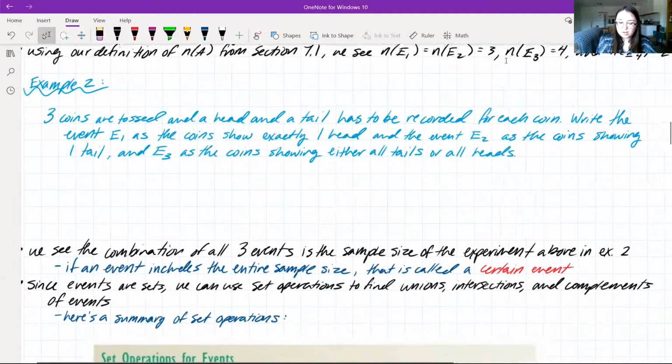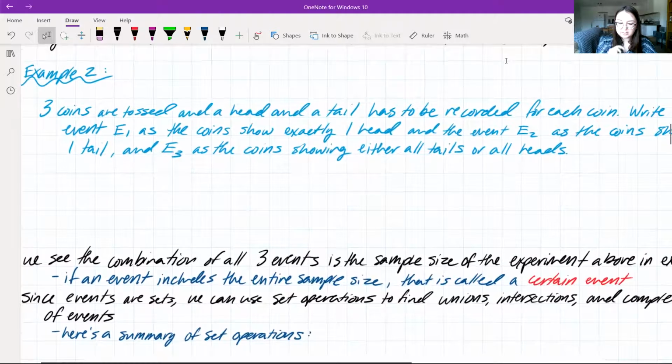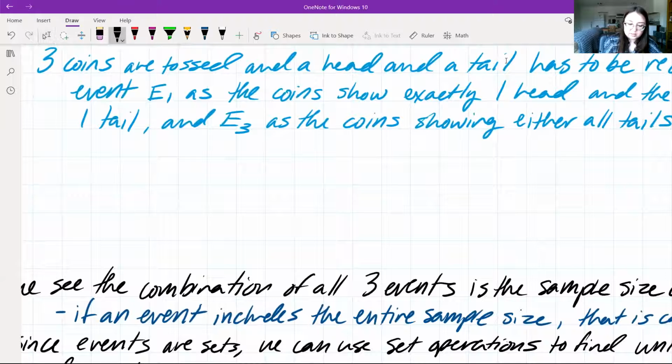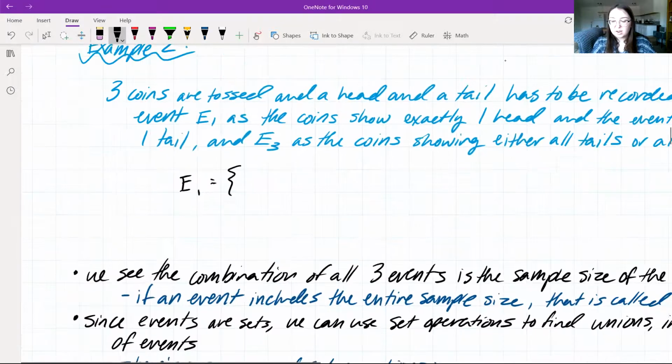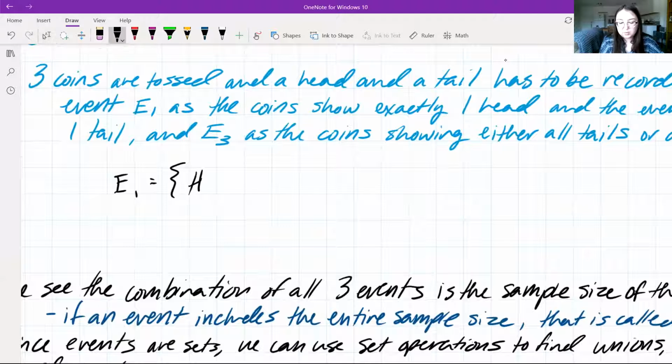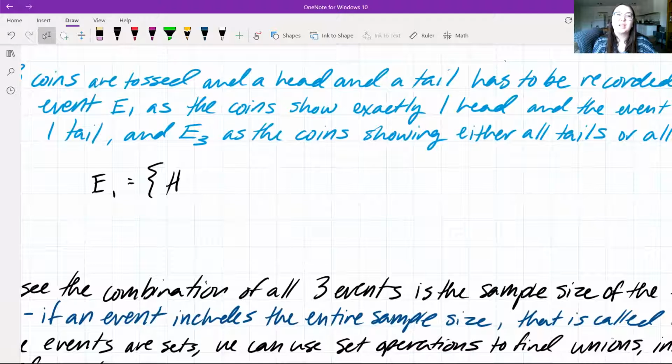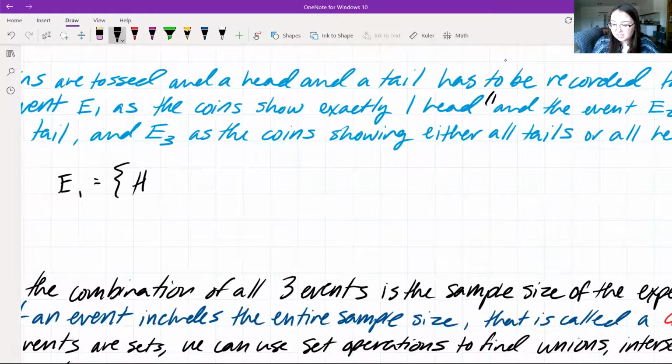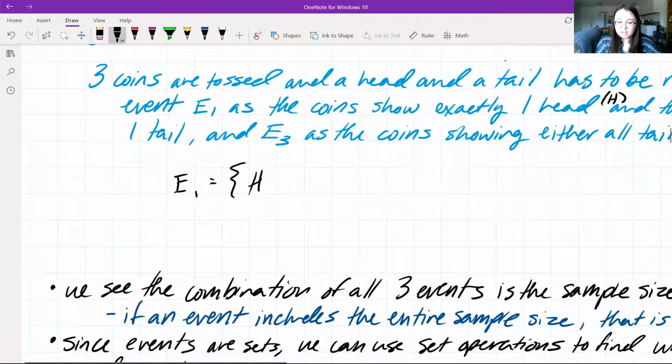So for E1, we want the event as the coin showing exactly 1 head. And we know that order matters, and we're flipping this 3 times. So if we're only considering 1 head, then we can start with that. I'm going to write this out as a capital H. You can see them written as lowercase or uppercase letters, and it doesn't really matter. But we'll say head is H, and a capital T is tail.